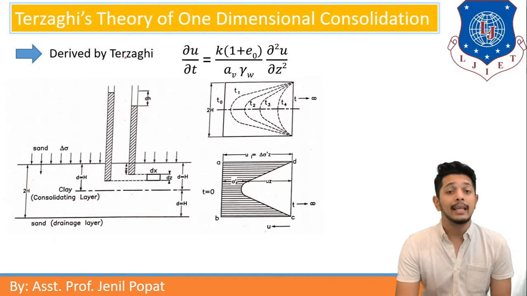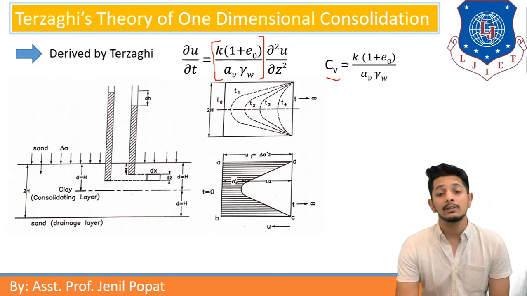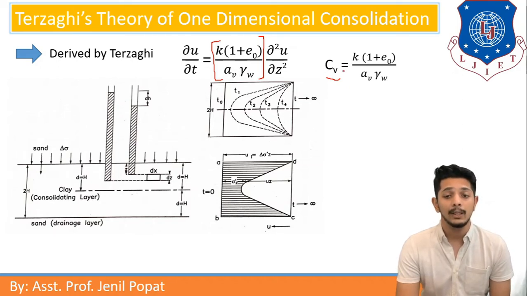Here Terzaghi has empirically derived the formula: del u by dt is equal to k (1 plus e0) upon av into gamma w into del square u by del z square. Further, if we analyze it and we assume this section as Cv, Cv is defined as the coefficient of consolidation, which is denoted by C with suffix v, equal to k into (1 plus e0) upon av into gamma w.